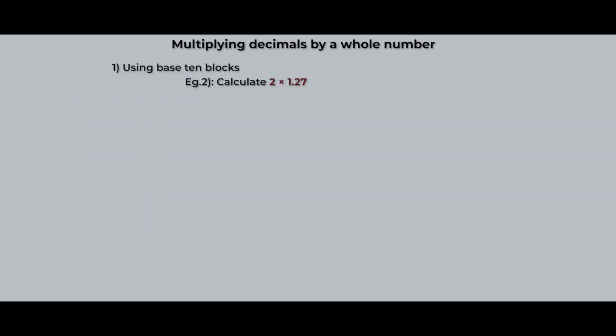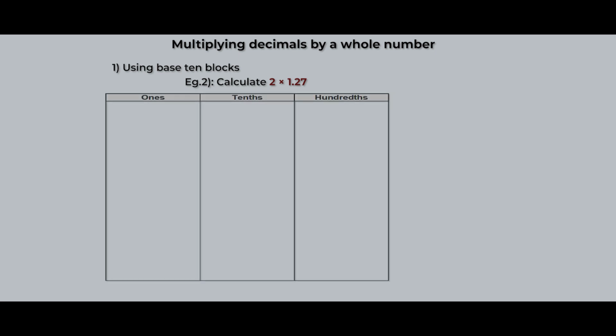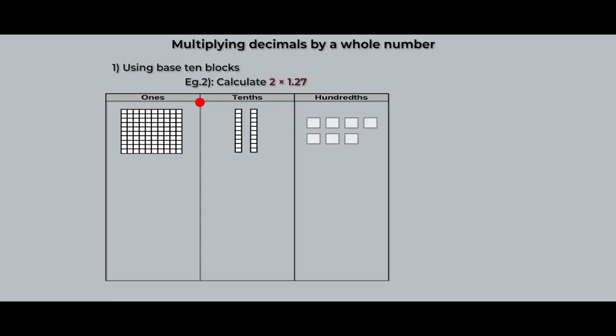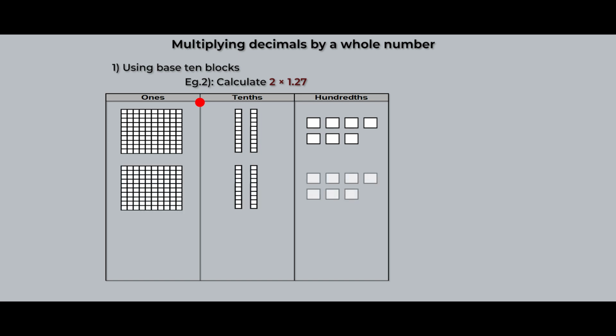Let's take another example. 2 times 1.27. In the place value chart, you place 1 one, 2 tenths, and 7 hundredths. Multiplied by 2, meaning you are going to place it twice. So you place again the same thing. So start working from the right hand side.